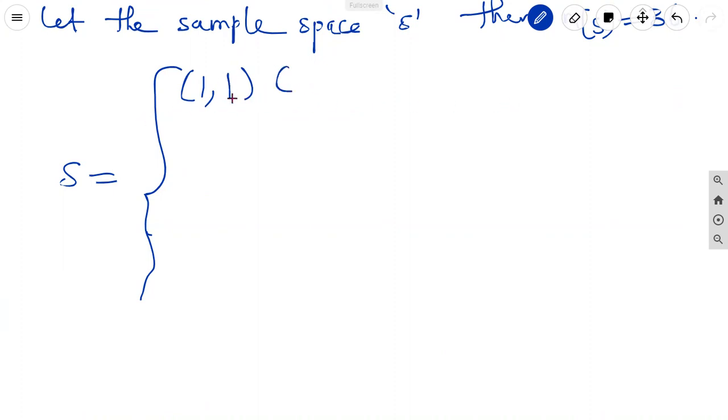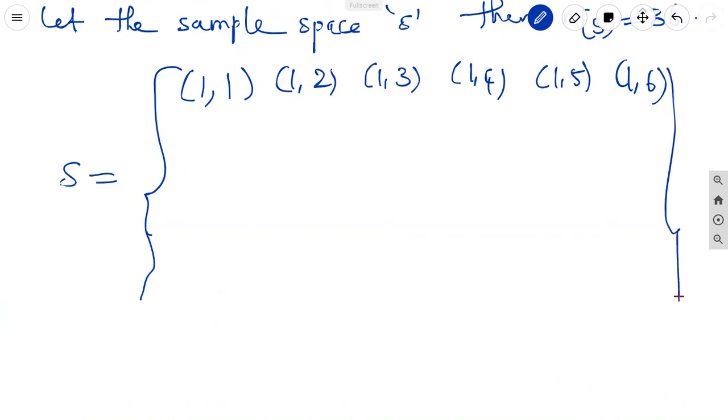How those are: 1 comma 1, 1 comma 2, 1 comma 3, 1 comma 4, 1 comma 5, 1 comma 6. This is a 6 by 6.